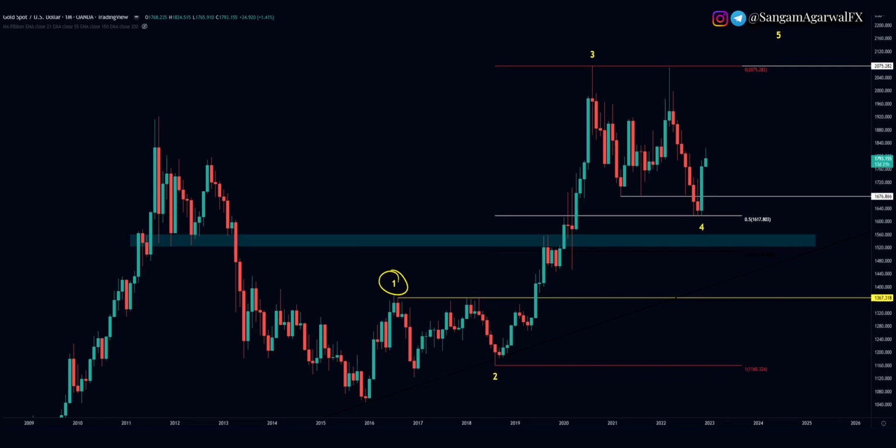So this was wave 1, 2, 3 and wave 4th complete. After this zigzag correction A, B, C, right now we are in 5th wave. So 5th wave will break this high and it will make new high.